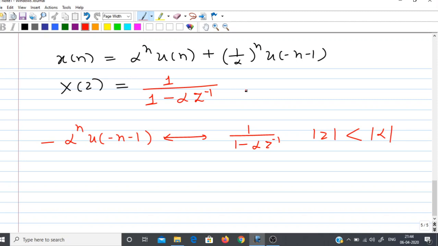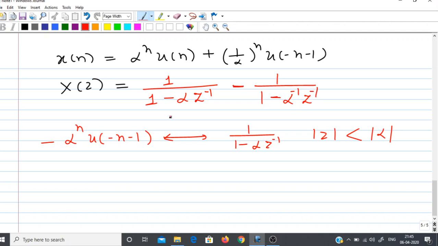So what will be the Z transform of this part? It will be minus. Why the minus sign? Because here the minus sign is absent, so to accommodate that, I have taken minus 1 upon 1 minus alpha. Now this time our alpha is not alpha, it is 1 by alpha or alpha inverse, so alpha inverse z inverse.